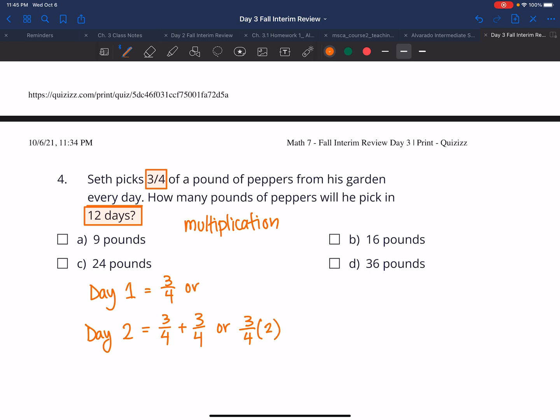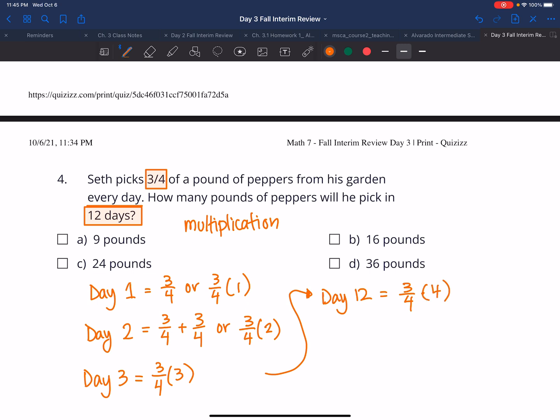Or you can say 3/4 times 1. Day 3, now you see a pattern, it's repeated itself, right? So 3/4 times 3 because it's day 3. So fast forward to day 12, which gives me 3/4 times 12. Oh no, sorry, not 4, my mistake, times 12.